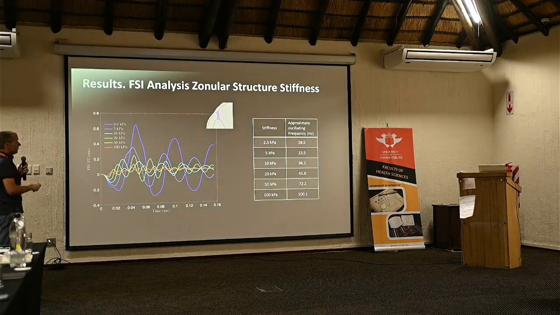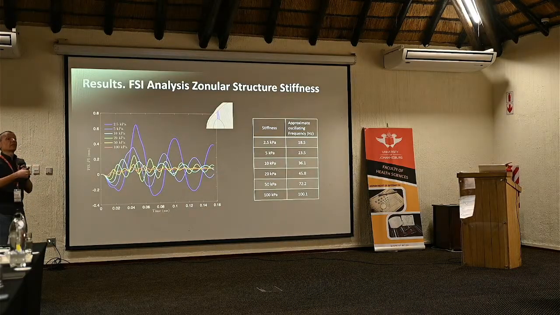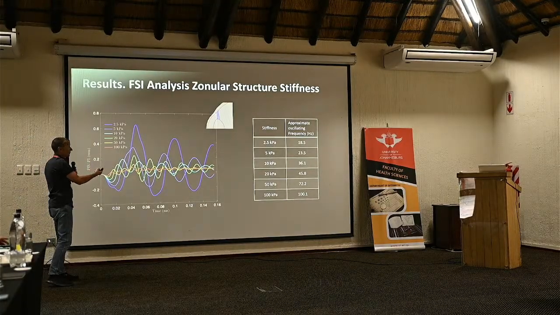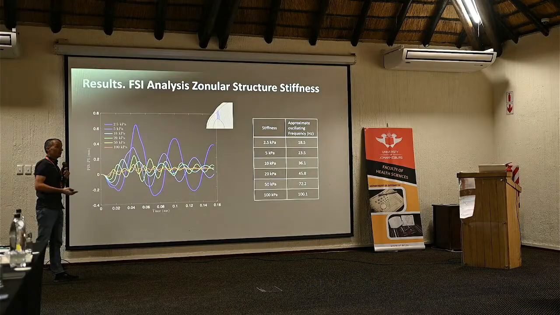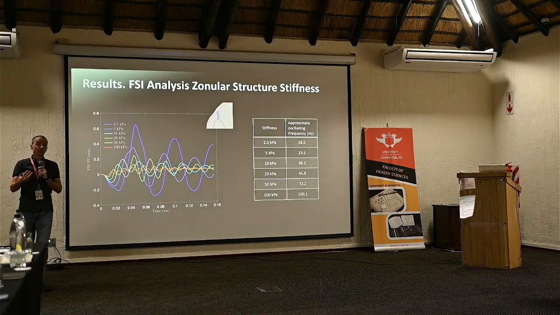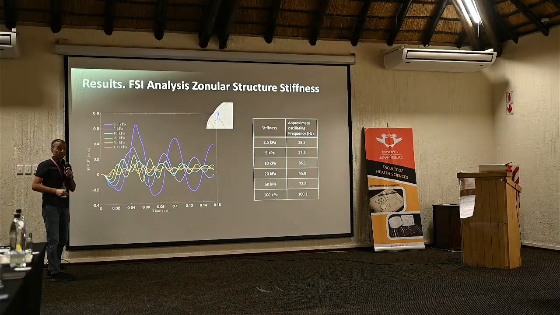So here, the very first sensitivity analysis is conducted to analyze the effect of the stiffness of the zonular structure on the displacement or the relative position of those points. You can observe that the higher the stiffness, the higher the frequencies we achieve.